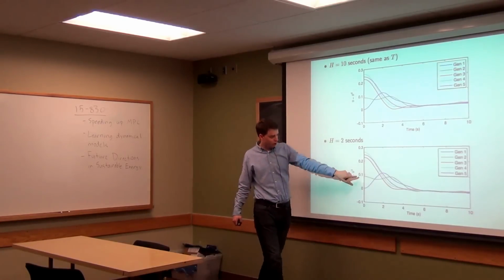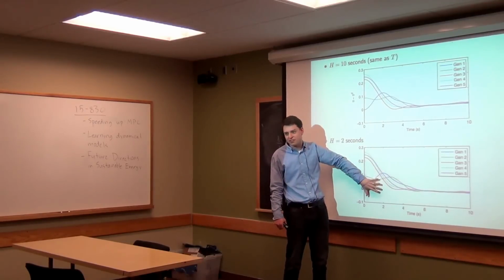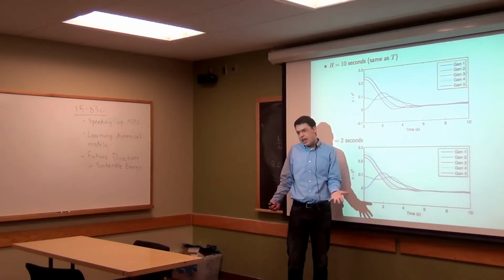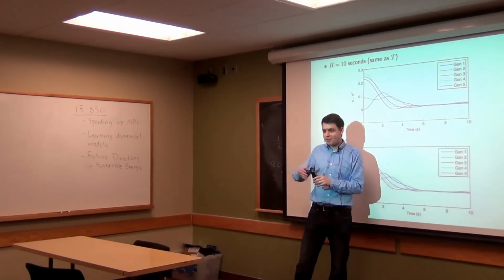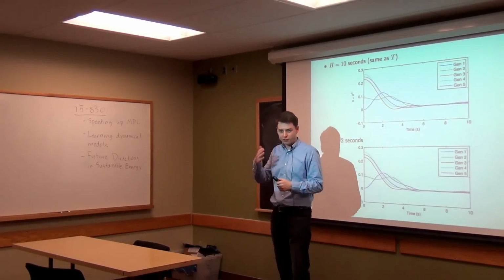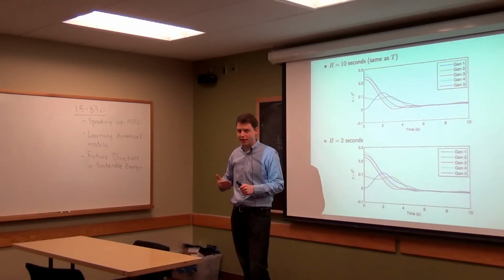And I would be pretty hard-pressed to tell a difference between these two graphs, right? It looks pretty much exactly the same. And all that's saying is, in your optimization problem, what happens in the future, assuming everything evolves according to the linear system, isn't going to really affect what you do right now that much.